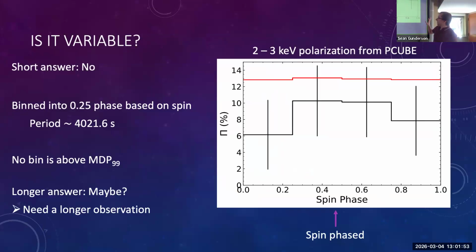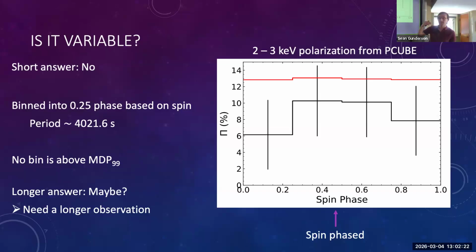So I would naively expect that maybe there is one spin period where we're getting a maximum amount of polarization. Hypothetically, maybe we would see bins 0 to 0.25 and 0.75 to 1 are always below MDP 99, but these two bins from 0.25 to 0.75 rise above.